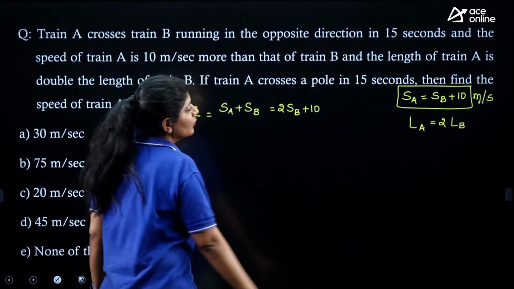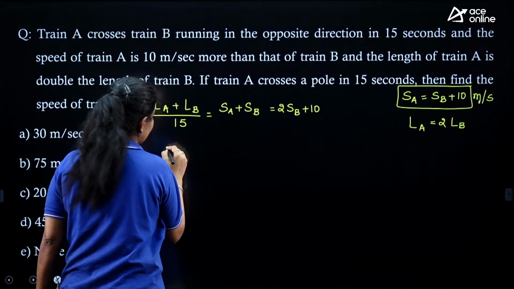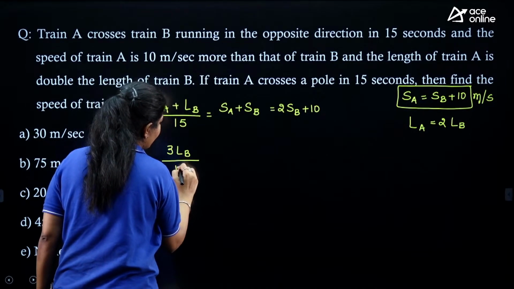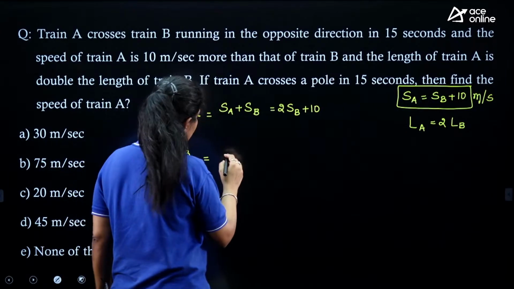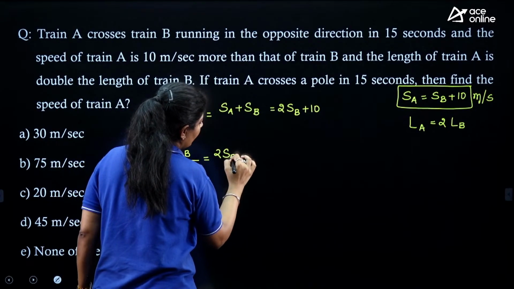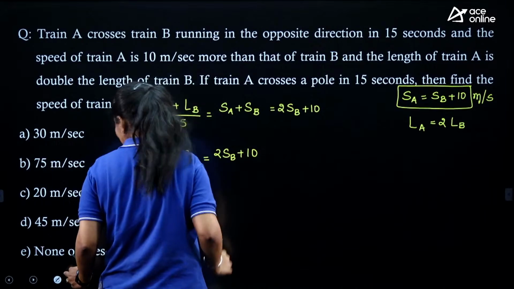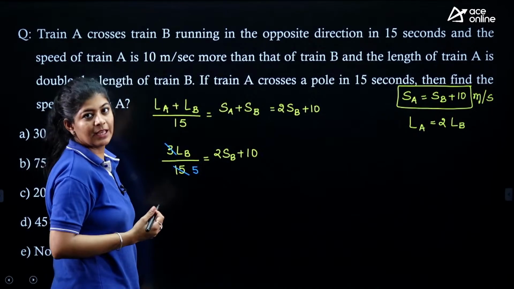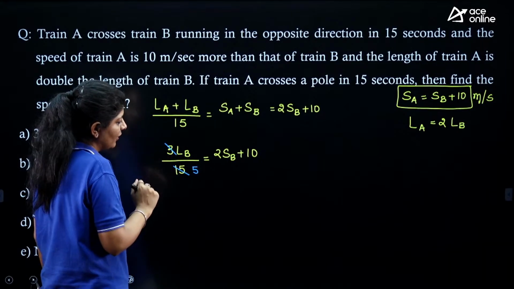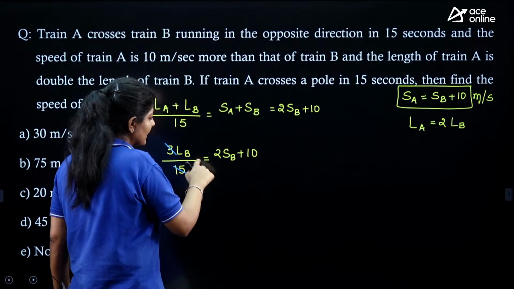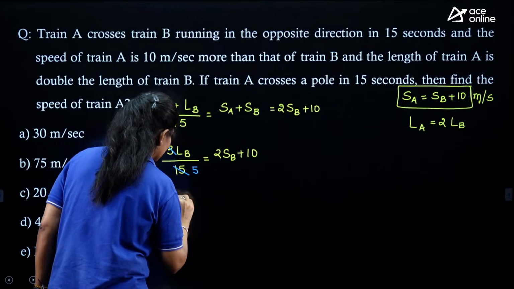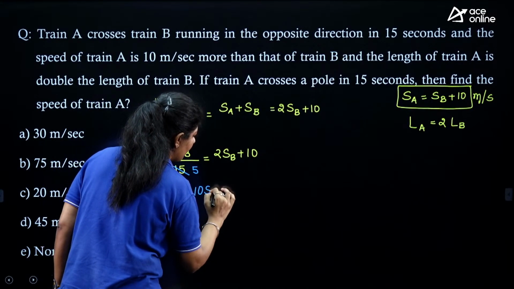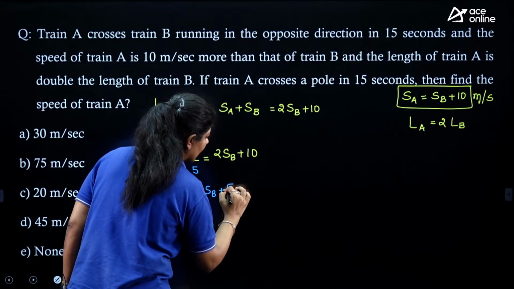So if we use this particular thing over here, we are getting thrice of length B divided by 15, and that is equal to twice of speed of train B plus 10. Can we eliminate anything? Yes, here we can easily eliminate it with the help of 3, and here we are getting 5 in the denominator. Now we simply transfer this 5 to this side, and the length of train B that we got over here is 10 times speed of B plus 50.